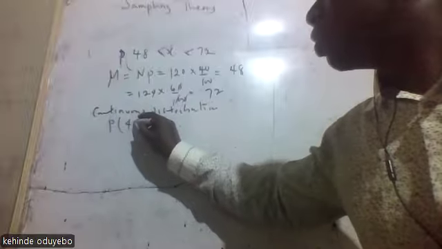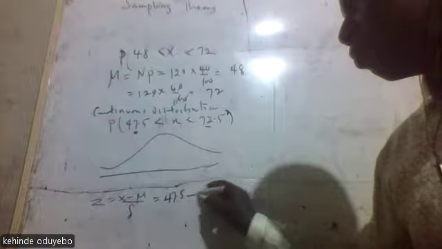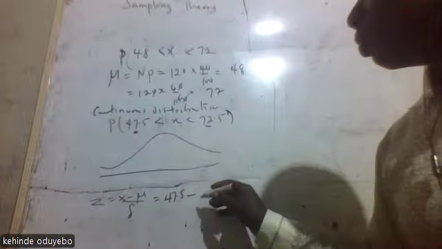Yes. Then I will generate the standard score for this. So the first thing is to calculate my Z. Remember the formula for Z is X minus mean over standard deviation, right? So what is my X? 47.5. What is my mean?